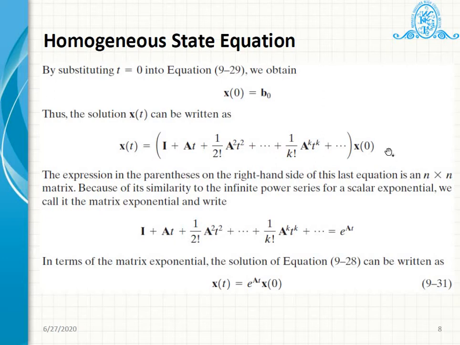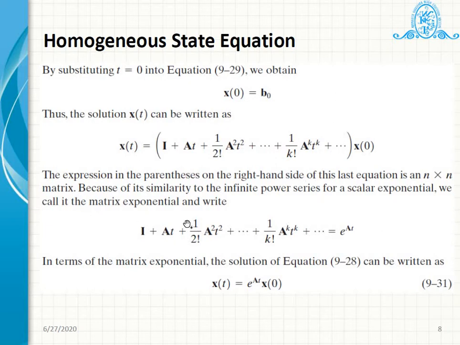This expression in the parentheses on the right hand side of the last equation is an n by n matrix. Because of its similarity to the infinite power series for a scalar exponential, we call it the matrix exponential.